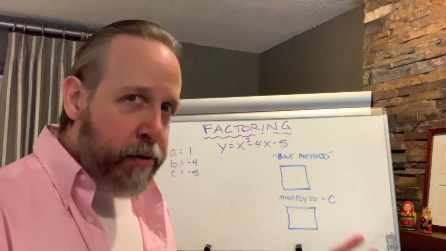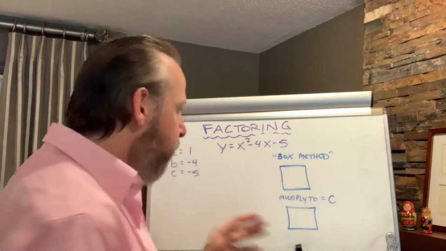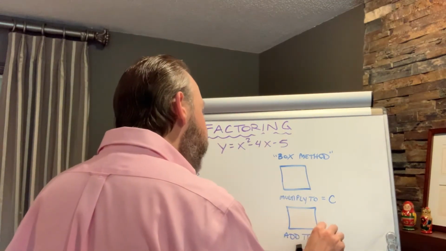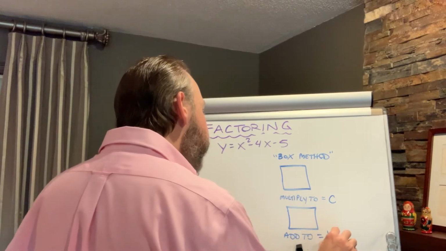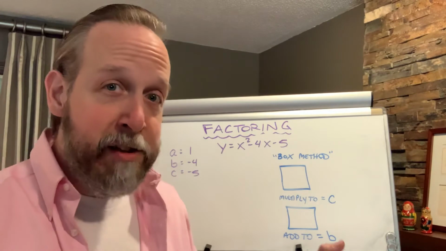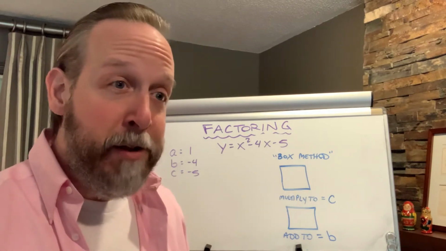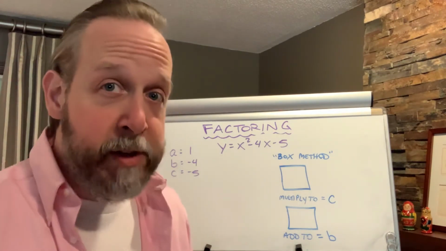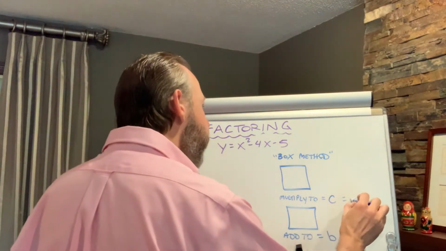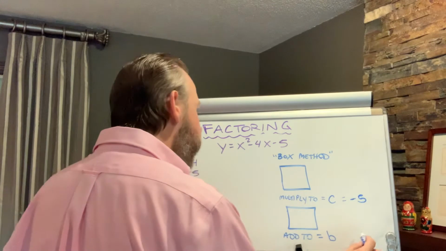And those same two numbers, whatever numbers we're coming up with, have to also add to equal the B term. It's very important. It's the same two numbers. If they multiply to the C term, they also have to add to the B term or they're the wrong numbers. Make sense? Now, in our example, the C term is -5. And our B term is -4.